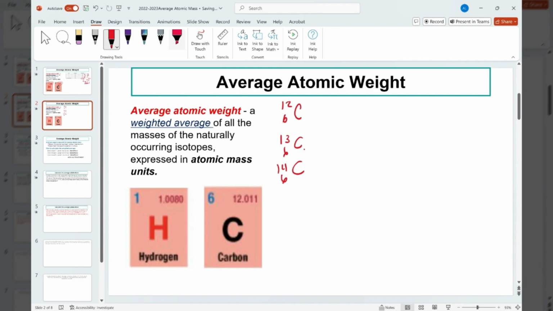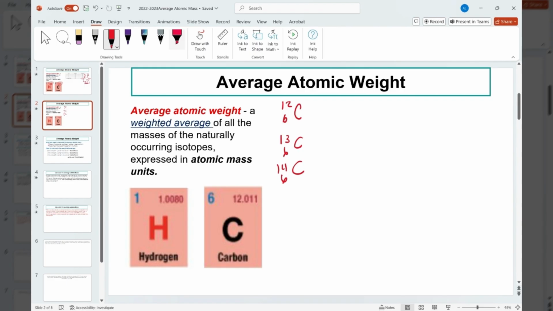Each of these isotopes of carbon has a different weight or a different mass because they each have a different number of neutrons. They also have a different percent abundance. Percent abundance is how often they are found in nature. So how often are they found in compounds or in molecules?